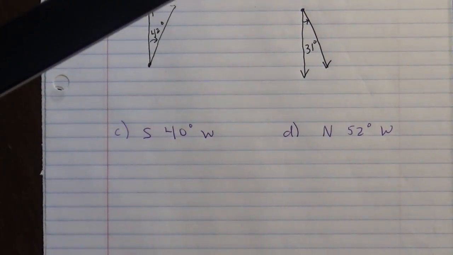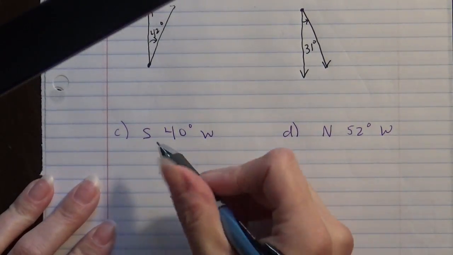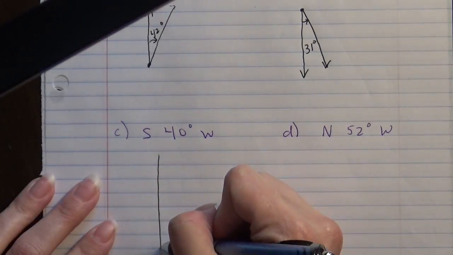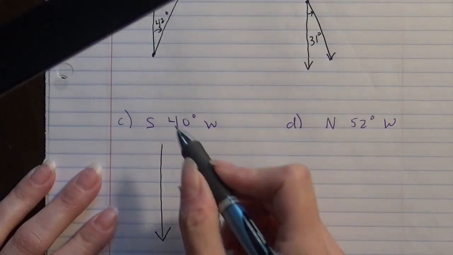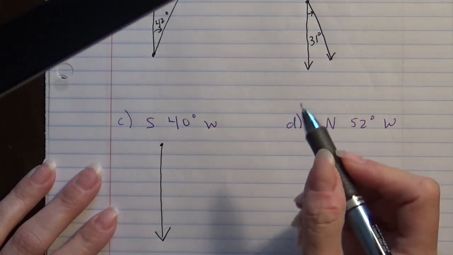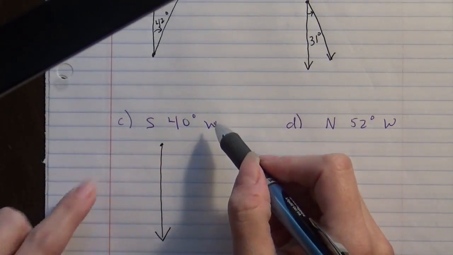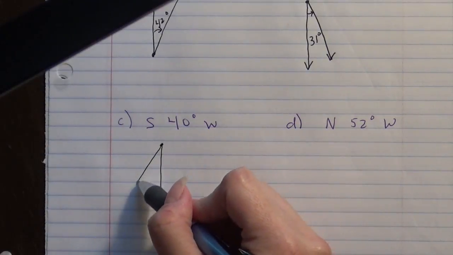Part C, we're going to draw south 40 degrees west. So here's our north-south line. This one was going to point south. Our vertex is on the opposite end, and we're going to go to the west, so we need to go 40 degrees in this direction.